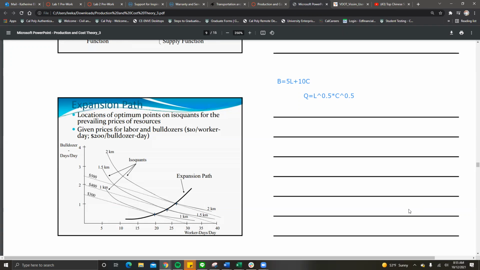So this first one, the B equation, will give you these lines, these broken lines. And then this equation, when you create it at 10 cars or 20 cars or 100 cars or 500 cars, different values of Q are going to give you these isoquants.